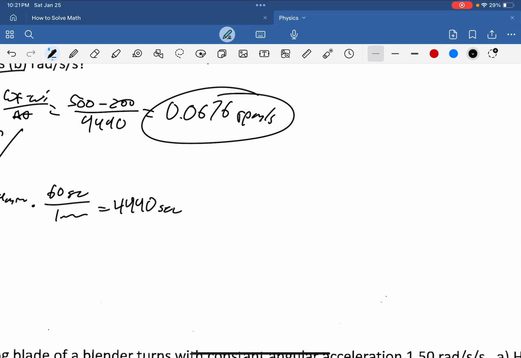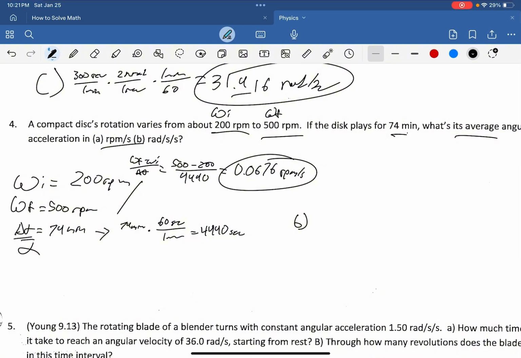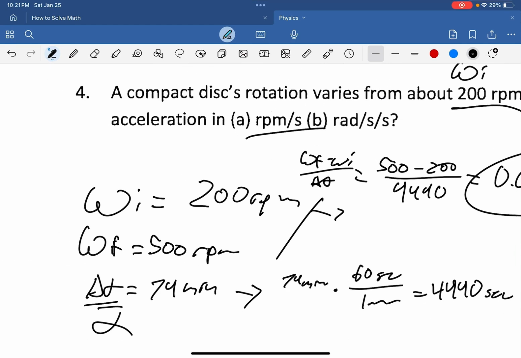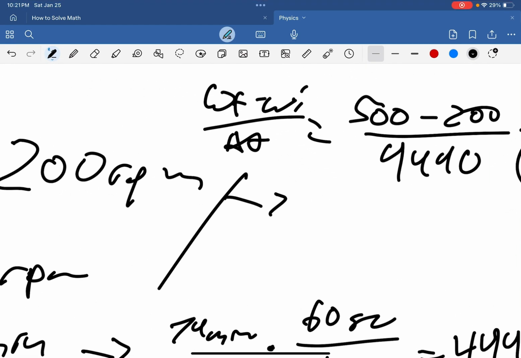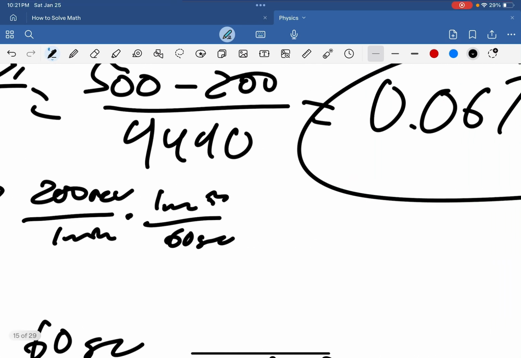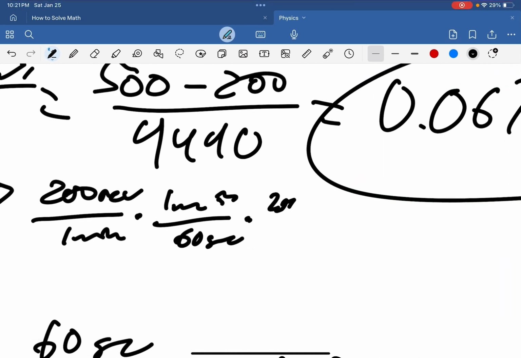Now let's solve part B, where we're going to actually change it to radians per second. So 200 rev per 1 minute, it's going to be 200 times 2 pi divided by 60.